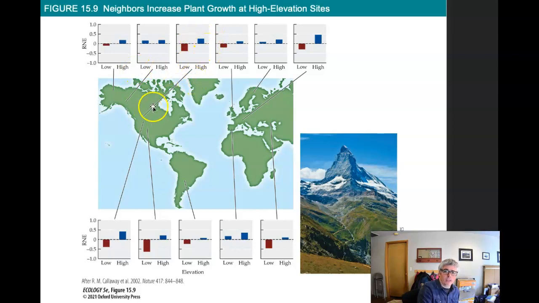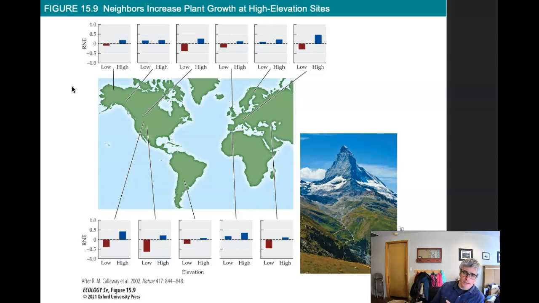So we can look at these different plant communities, and here in high elevations, having a higher REN value increased growth, meaning you grew better when you were closer to your neighbors, and then at low elevations there was a negative impact to being closer to your neighbors.